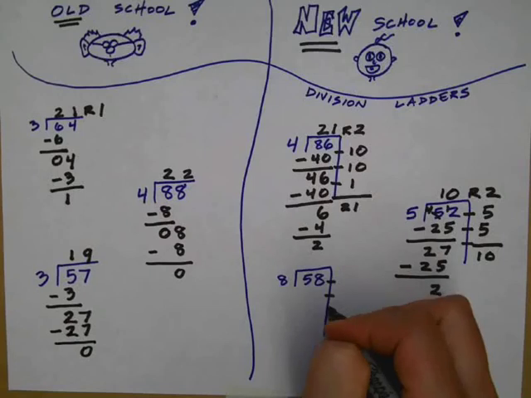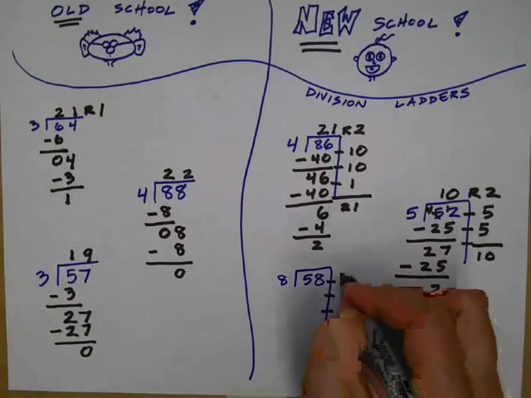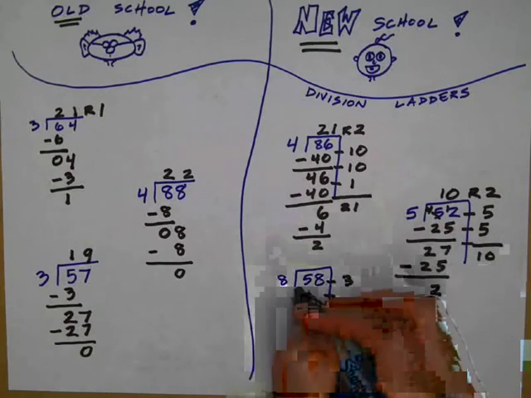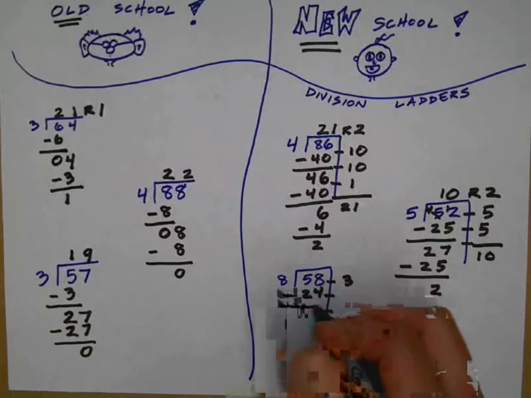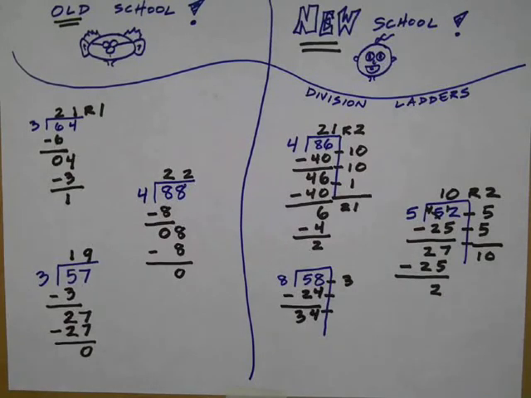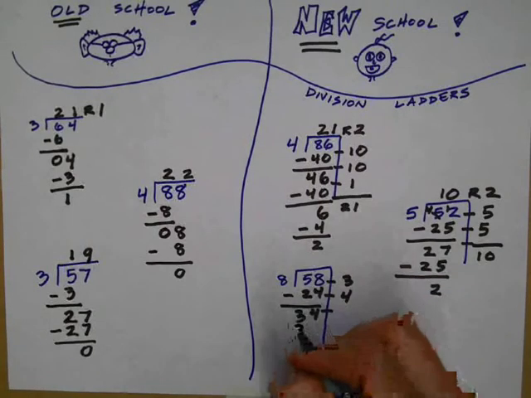8 into 58. Let's see, I'm going to start with 3. I know that 8 times 3 is 24, so I put that down below. And I can see that I guessed a little too small, but I'm closer now. 8 into 34. I know that 8 times 4 is 32.